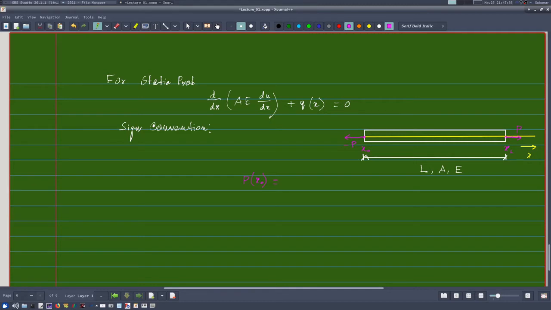Then P at x naught is a negative quantity: A E into du/dx, area into stress at x equal to x naught. So this is a negative quantity. This is how we take up the sign convention.